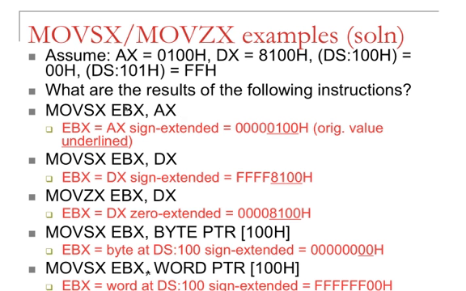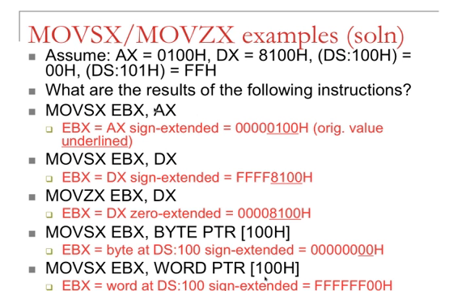Let me explain this again. We're going to look at this source operand, word ptr 100H, so we're going to retrieve a word from DS:100. The DS is the default data segment, and the 100 is the effective address.